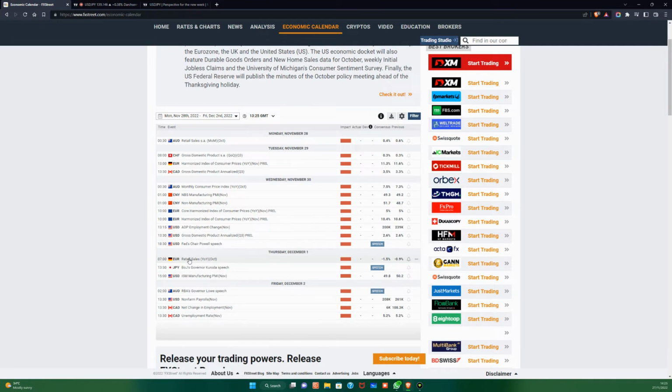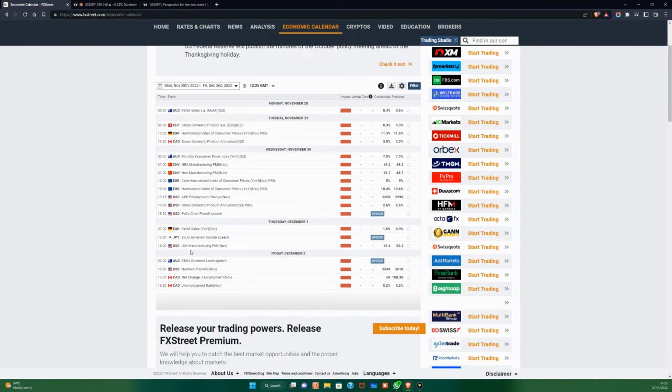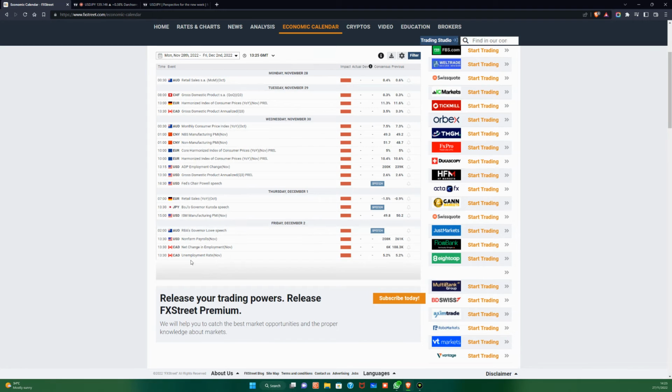If we go to Thursday, the Bank of Japan's governor is also going to have a speech, which is also a very high impact event. And then on Friday, we have the almighty non-farm payroll. Obviously, participants in this market will be looking forward to this event to decide if we are going to be buying or selling this pair for this week, and this anticipation will be reflected on the chart as price action.